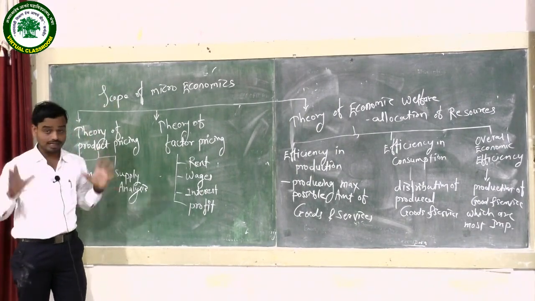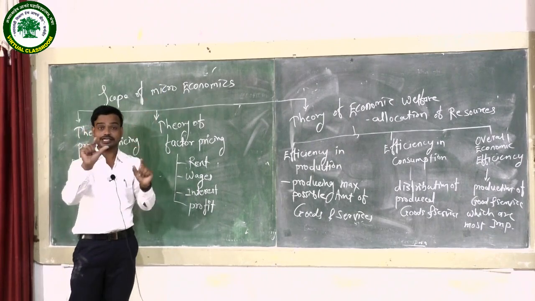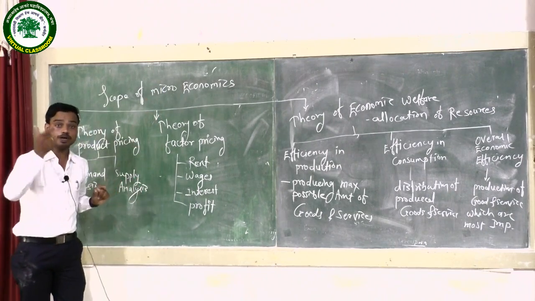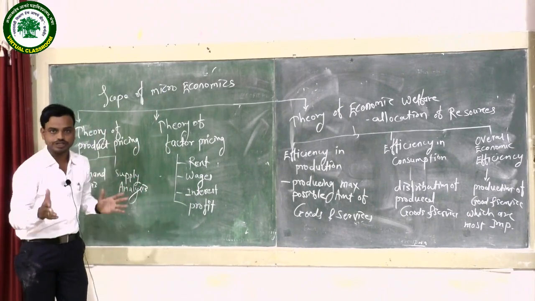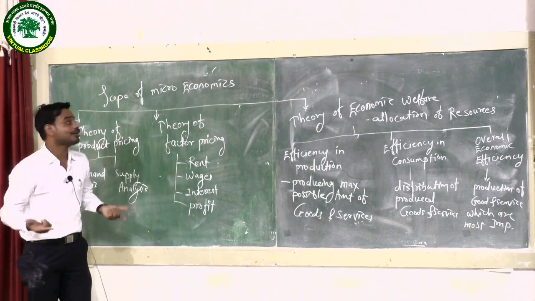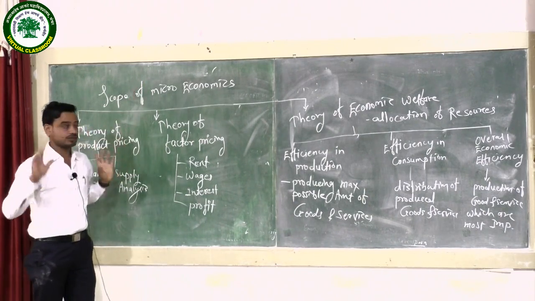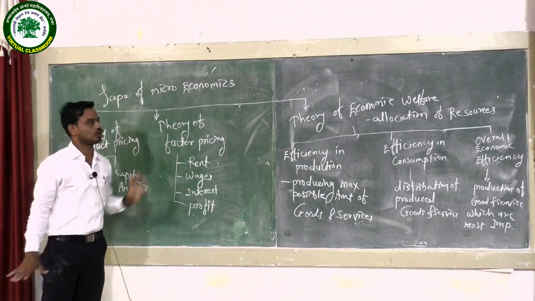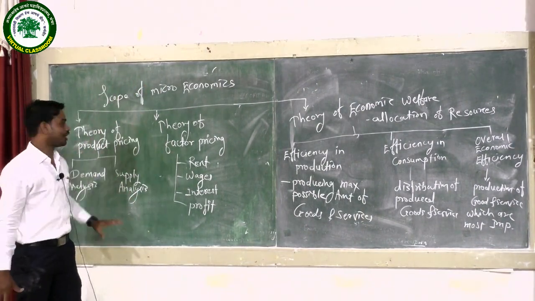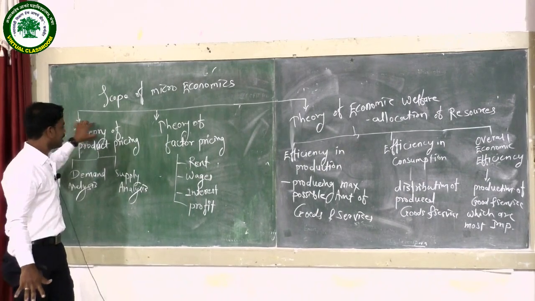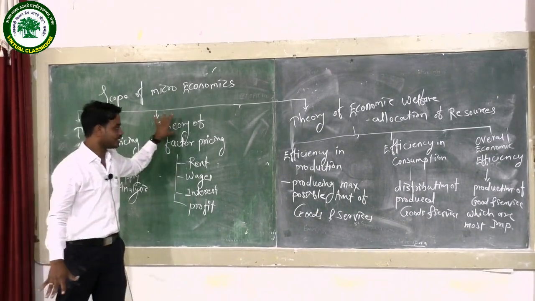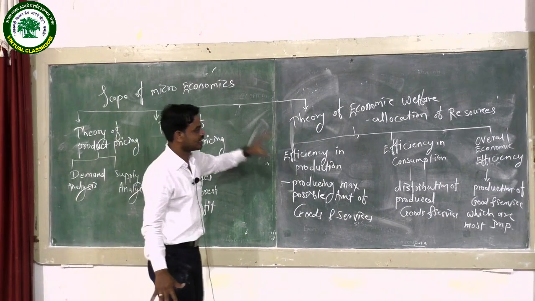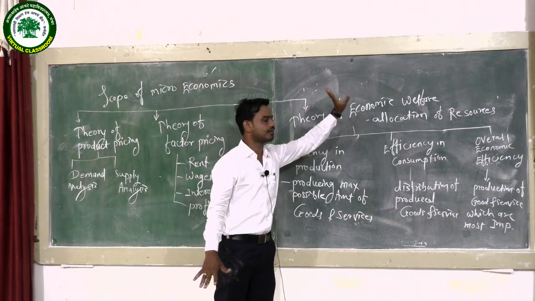Microeconomics means study of small units, study of individual units. So what is the demand of the study of individual units? That is the scope of microeconomics. There are 3 points. First, theory of product pricing, second, theory of factor pricing, and third, theory of economic welfare.